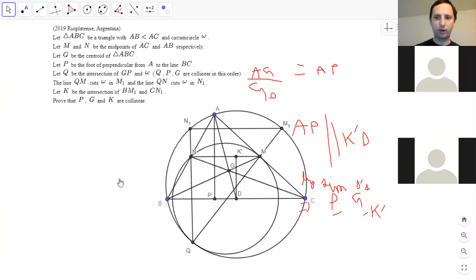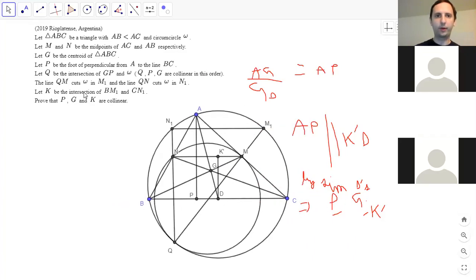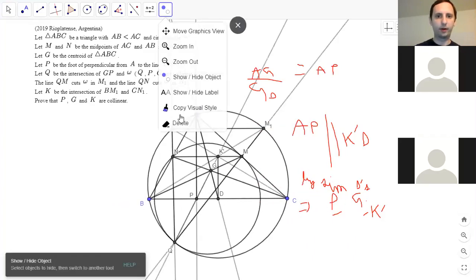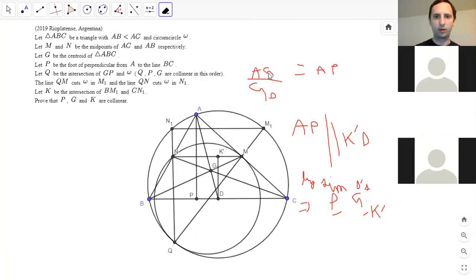Let me see if there's a way to, hold on just a second. Actually, it doesn't lie on the perpendicular bisector of MN. K prime lies on the perpendicular bisector of BC, and it also lies on MN. I'm trying to erase what Arjun wrote just so I could type it up again.